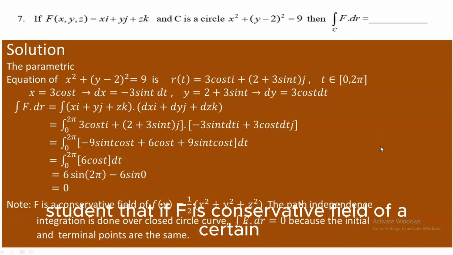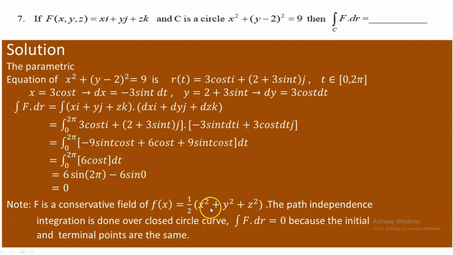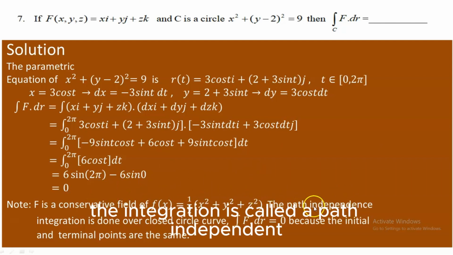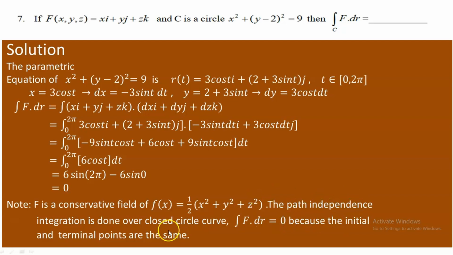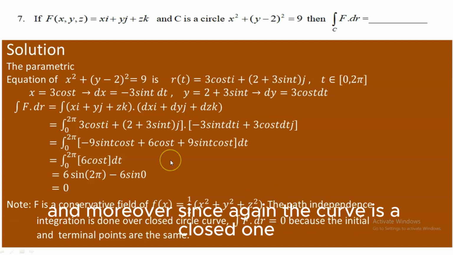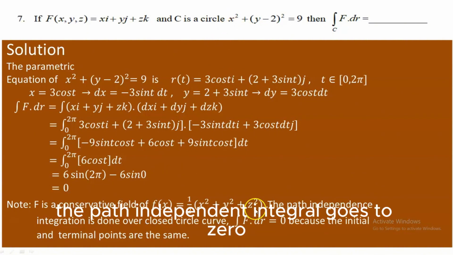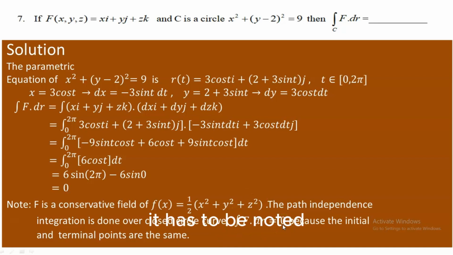So you need to know, students, that if F is a conservative field of a certain scalar function, the integration is called path independent. And moreover, since the curve is a closed one, the path independent integral goes to 0. It has to be noted.